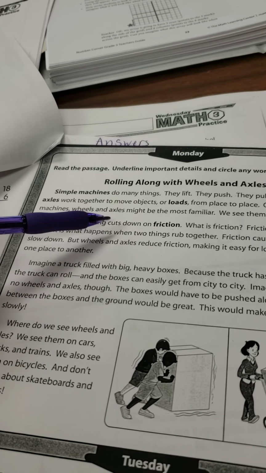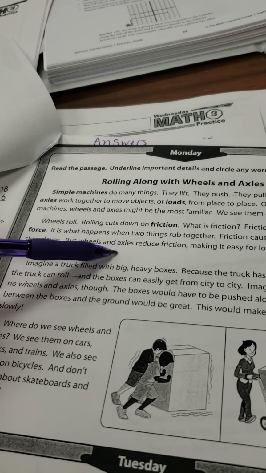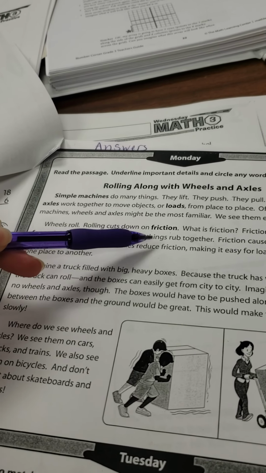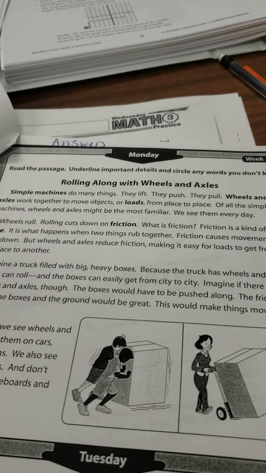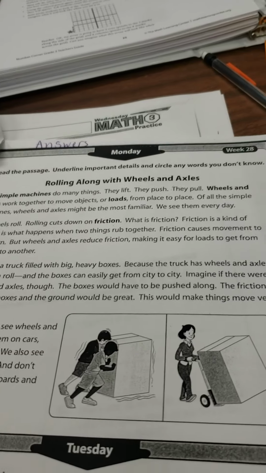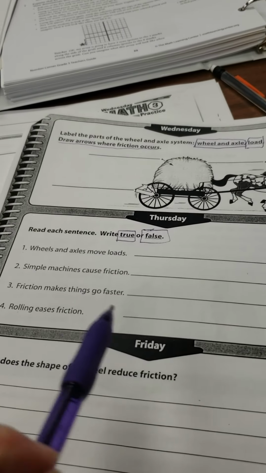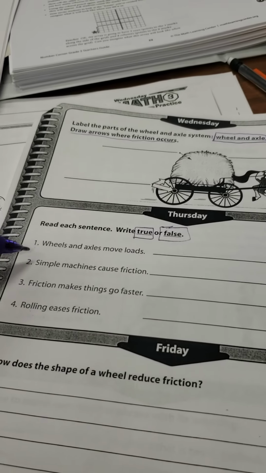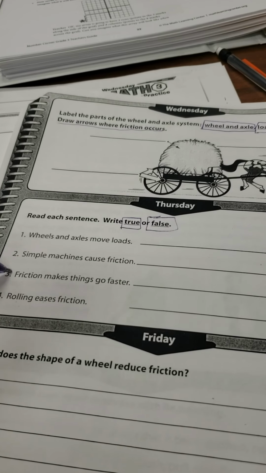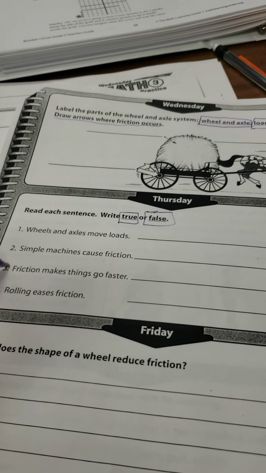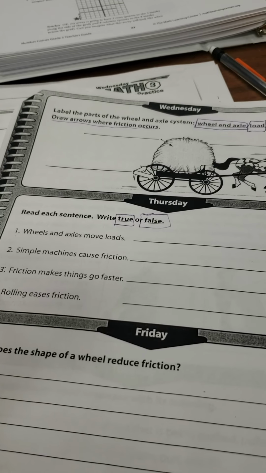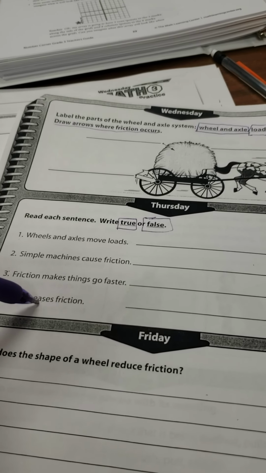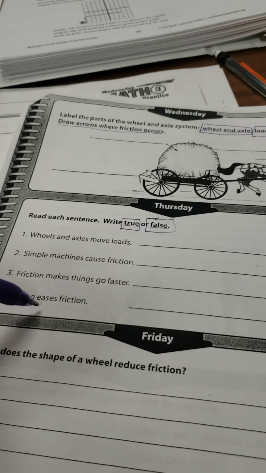Rolling cuts down on friction. Wheels and axles reduce friction. Friction's when two things rub together and it causes movement to slow down. Friction makes things go faster, true or false? Rolling eases friction, meaning it lessens it, makes it slow.